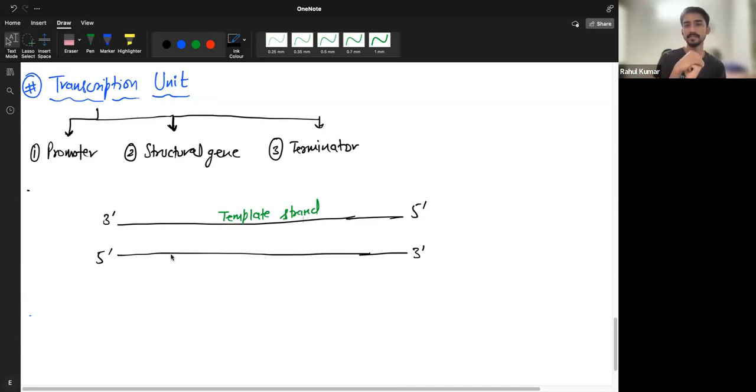And then new strands were synthesized. Here only one strand is called the template strand, and it is the 3' to 5' direction one. Because on this strand, the RNA polymerase can sit and start transcribing information in a 5' to 3' manner. You understand? So this will be the new RNA forming. Does it make sense, everyone?